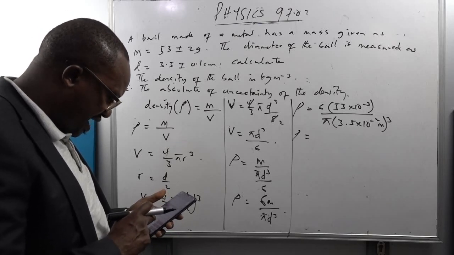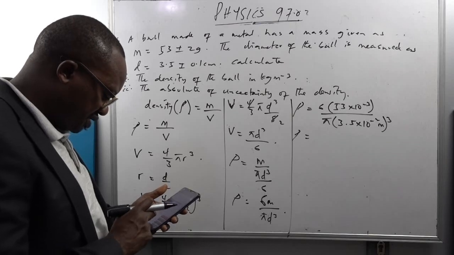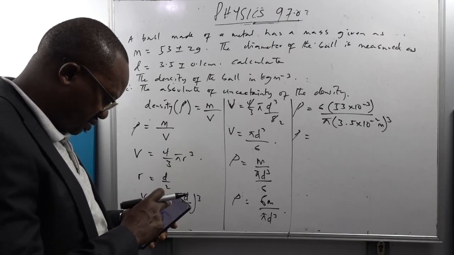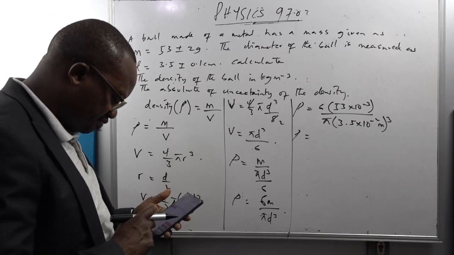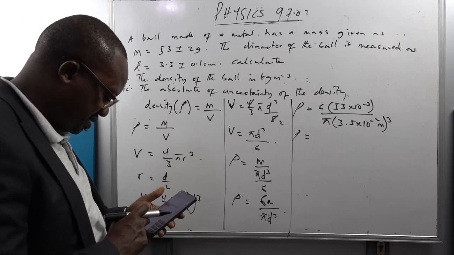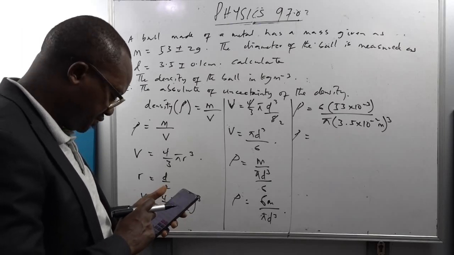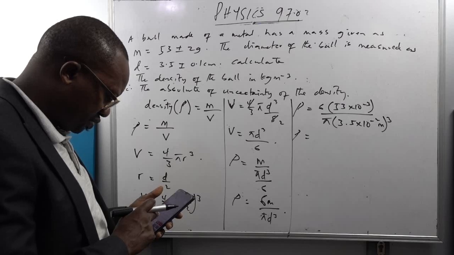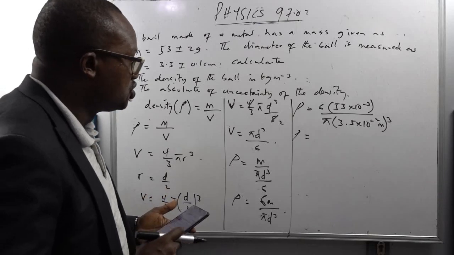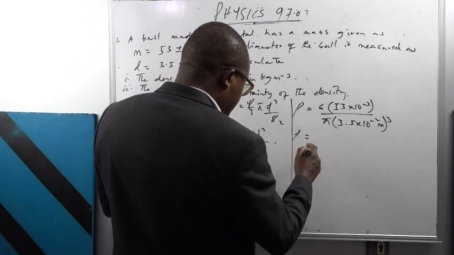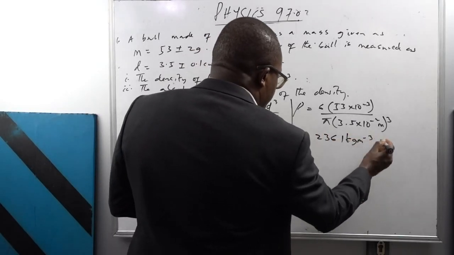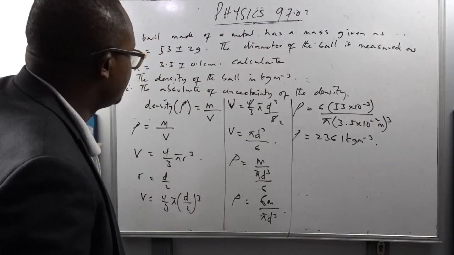So you are going to have 6 times 53 exponential minus 3 divided by pi times, you put that in the bracket, 3.5 exponential minus 2, then this is cube, all raised to the power 3. So if you do that, the density becomes 2,361 kilograms per meter cube. This is the density in standard unit.